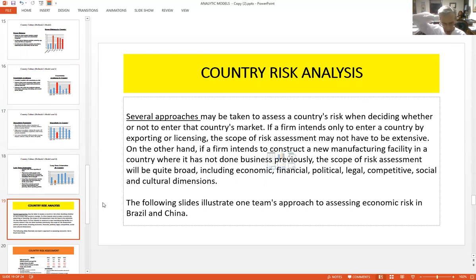But country risk analysis also can be done to assess whether a change in strategy is likely to be successful. There are a variety of techniques for assessing a country's economic and business risk. And I encourage you to go to Moodle and search for them.